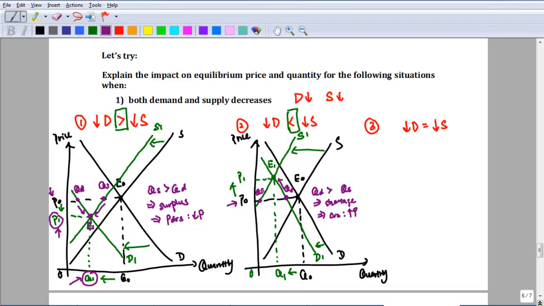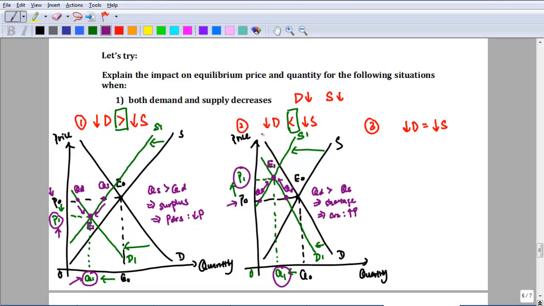And when your price increases, your quantity supplied will increase, so it's a movement upward along your supply curve, until the market reaches this new market equilibrium point E1, with a new equilibrium price of P1 and equilibrium quantity Q1, because at this point the market clears. Your quantity demanded is equal to your quantity supplied once again. So this is your new market equilibrium price and quantity.